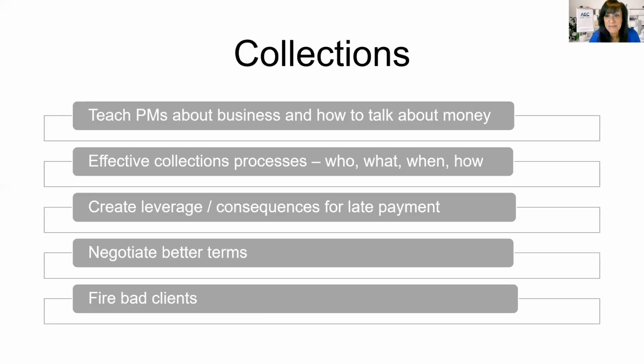Your PMs, they were technical employees, and then all of a sudden one day they're a project manager and they're expected to know how to write proposals and do interviews and hire people and manage people and keep projects on budget and schedule. And now they're expected to ask for change orders and ask clients to pay money, and they don't know how to do that. And this is something that you need to train them to do.